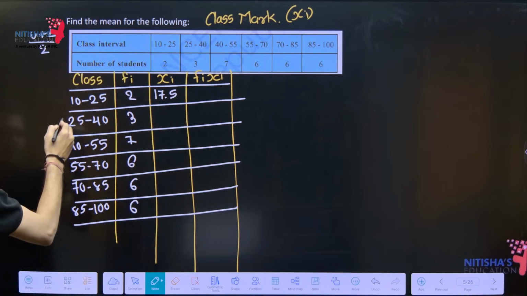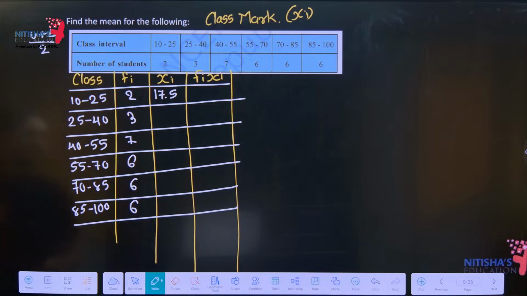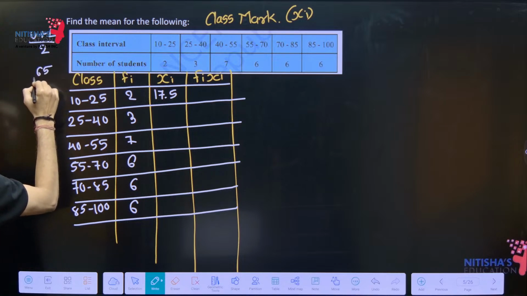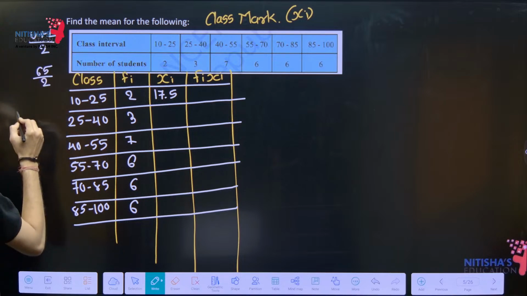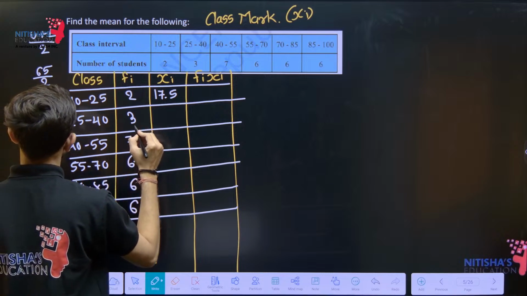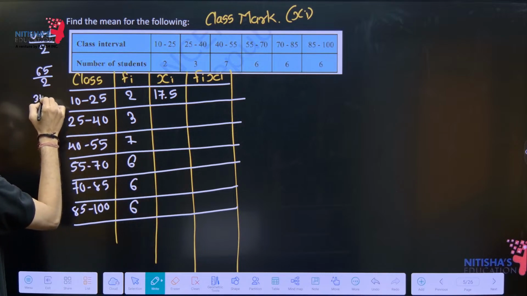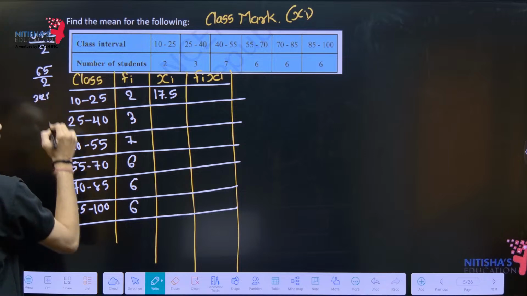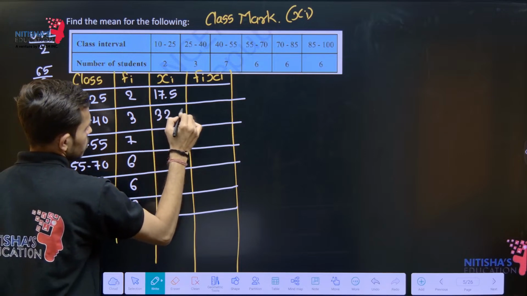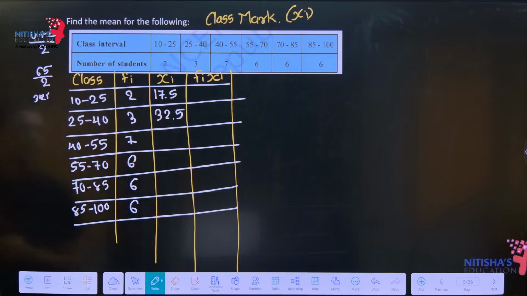Next, 25 plus 40 is 65, and 65 divided by 2 gives 32.5.